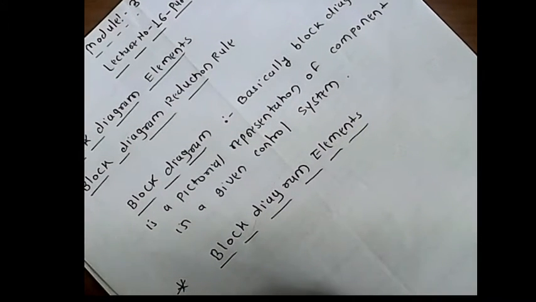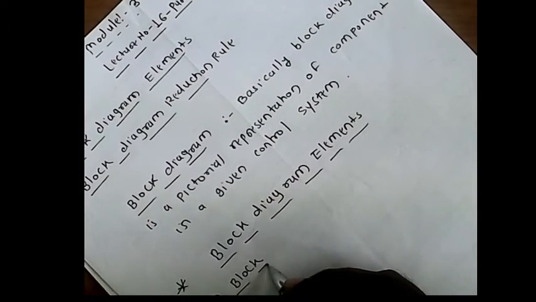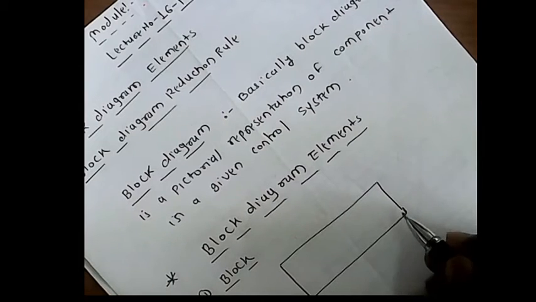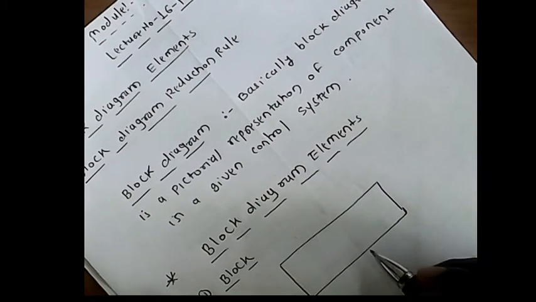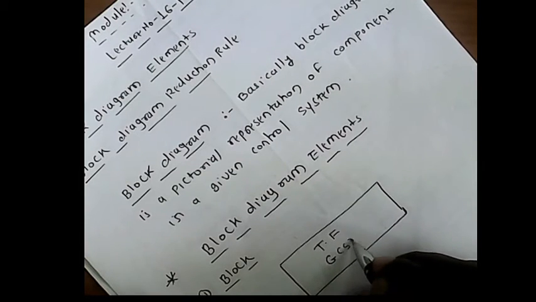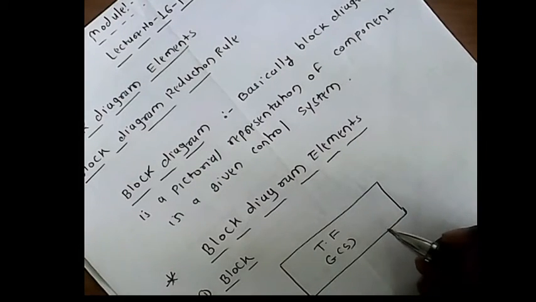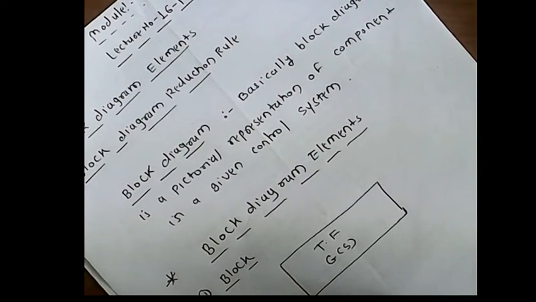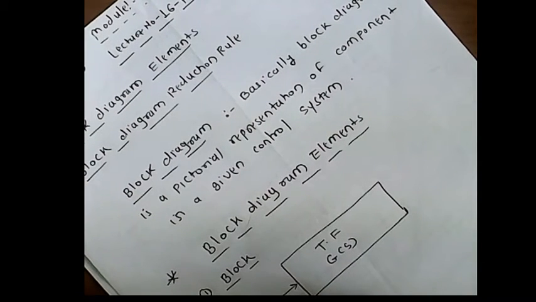So the first one is a block, which is represented by a square box which contains a transfer function or gain, and consists of an input and output.